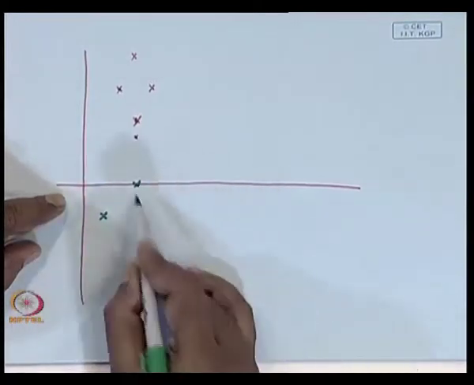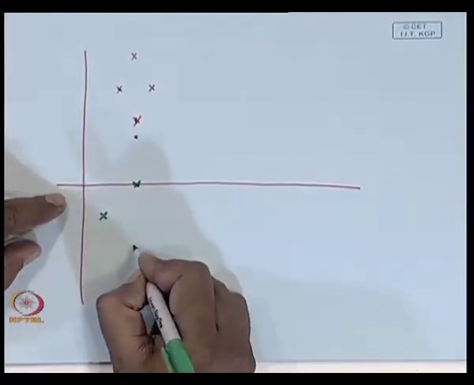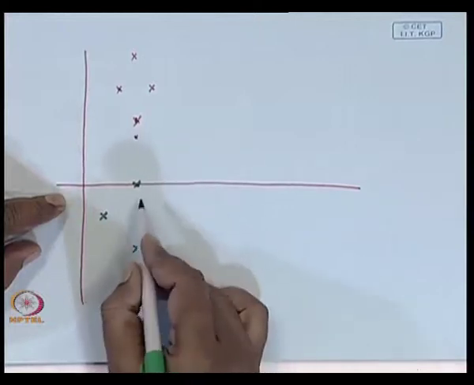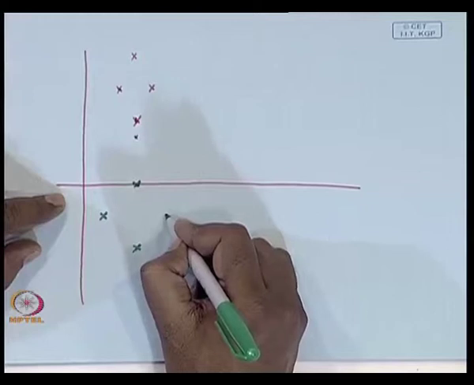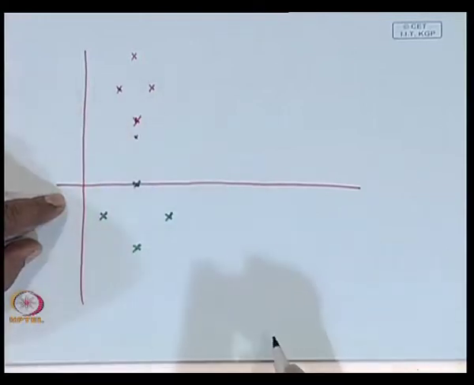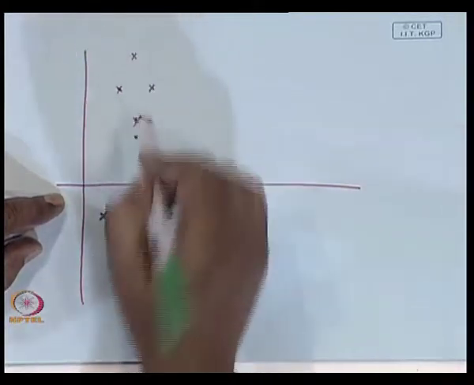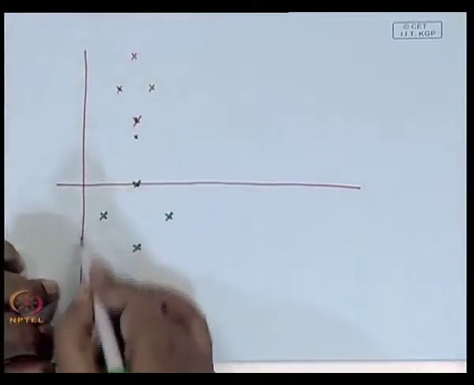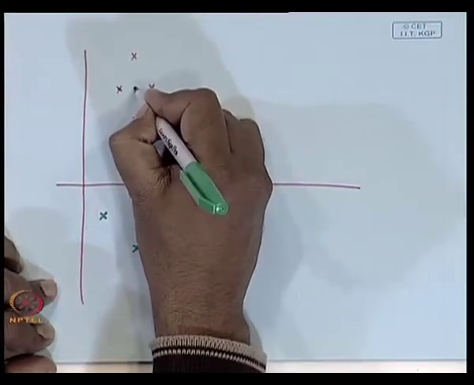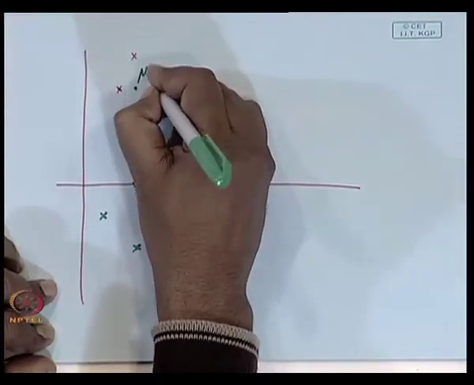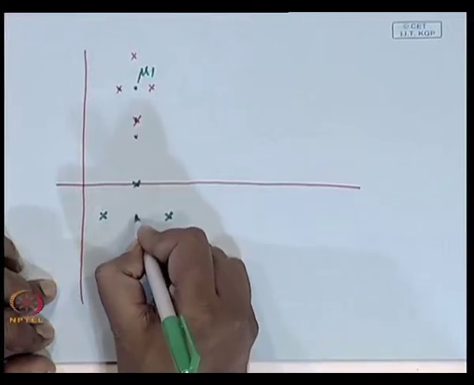I have 3, minus 4, that is this one, and I have 5, minus 2, that is this one. So, these are the points which belong to class omega 2. So, all these reds belong to class omega 1 and the greens belong to class omega 2. Mu 1 is somewhere over here, and mu 2 is over here.